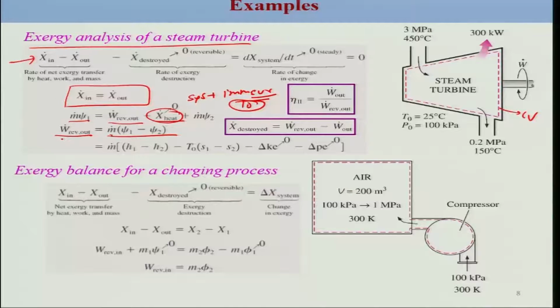The reason you consider the immediate surrounding is that it yields the maximum work for such a system, and then we can find out the total X destroyed, which would be simply this, where this is the actual out and this is your reversible out, which we have calculated from here. Okay, so this would be the destroyed exergy, and of course you can calculate the second law efficiency by taking the ratio of W out and reversible out.